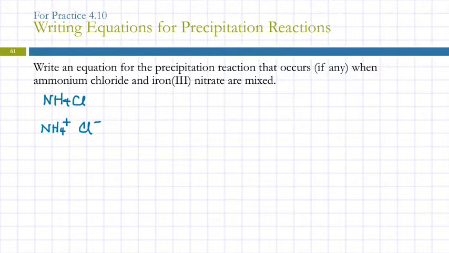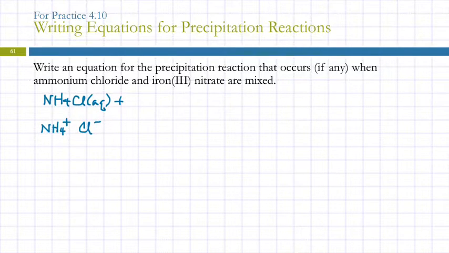NH4Cl. In equations like this, it's more important to write the state symbols. Is that soluble or insoluble? Soluble. The first line of the solubility rules table says that ammonium compounds are soluble, no exceptions. So I'm going to put aq for its state.